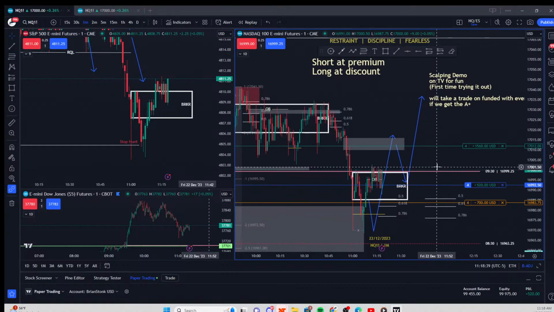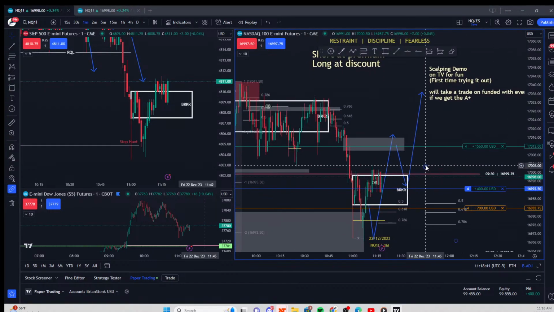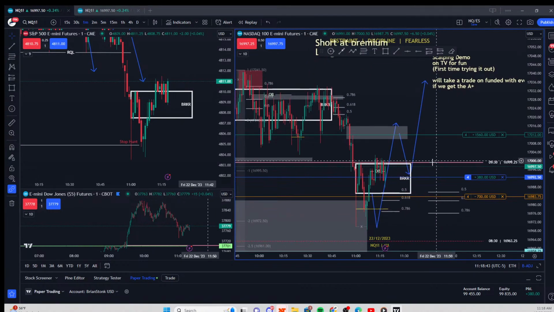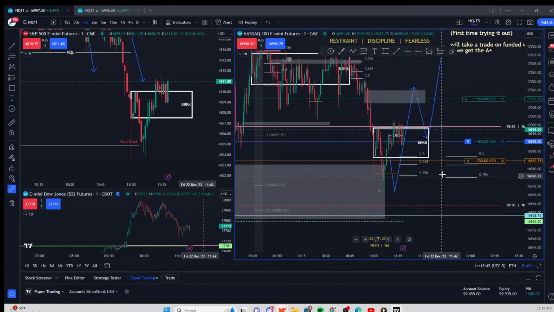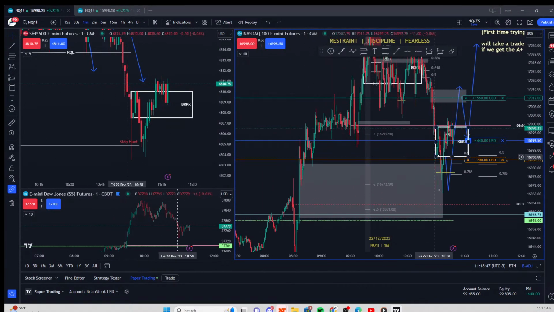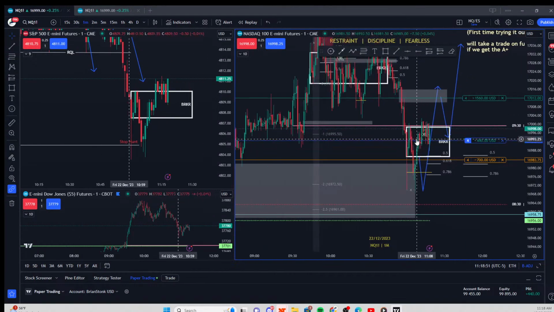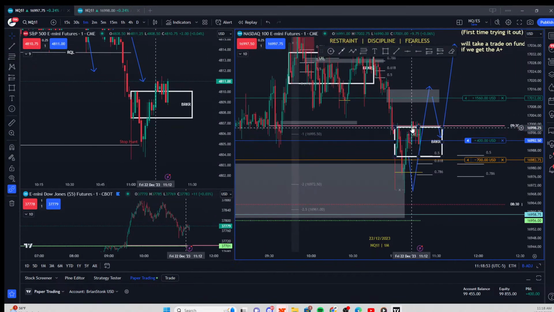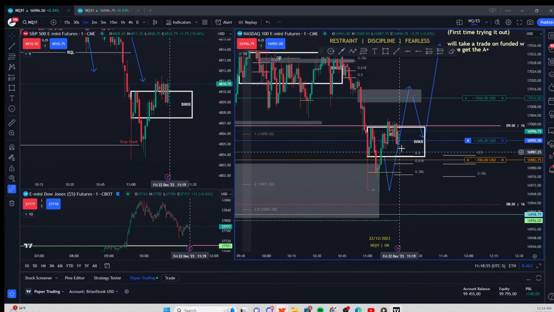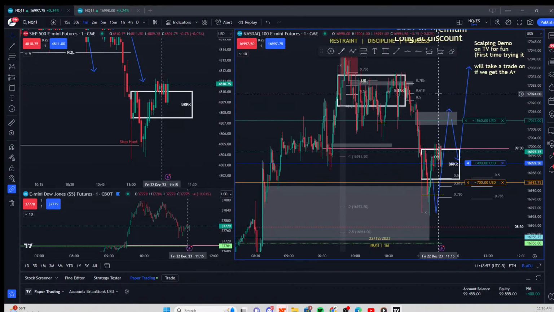Looks like we're gonna move up from here. This setup looks pretty obvious though. If we see liquidity and this is a manipulation run, both on ES and NQ, we're likely gonna do a low time frame reversal and move back up.